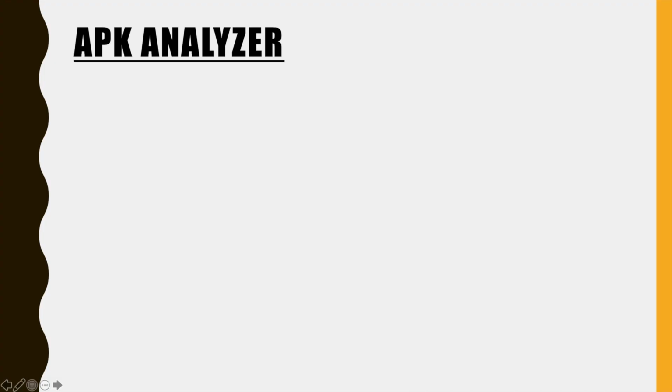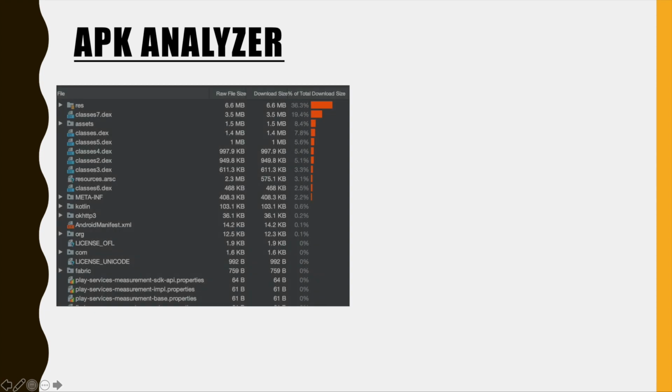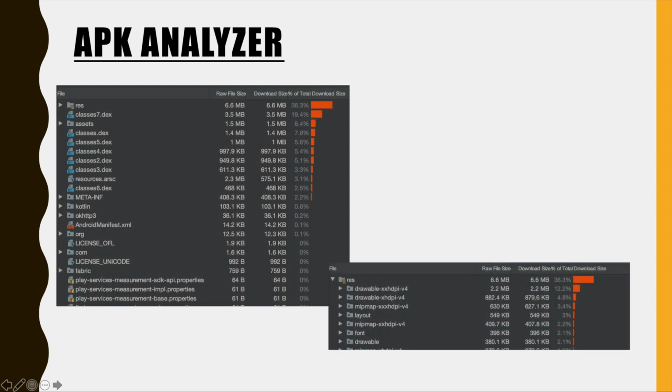Also, you can use the APK analyzer. So you just drag and drop your APK onto Android Studio, and Android Studio will give you a report telling you which file or which folder are the biggest.